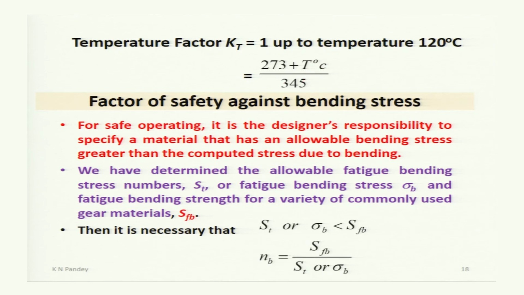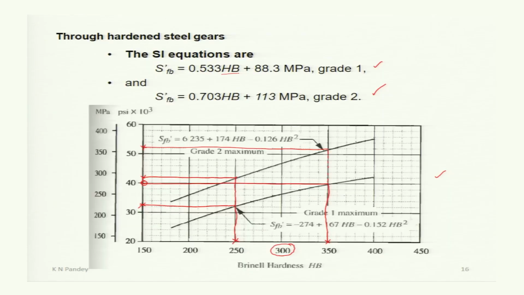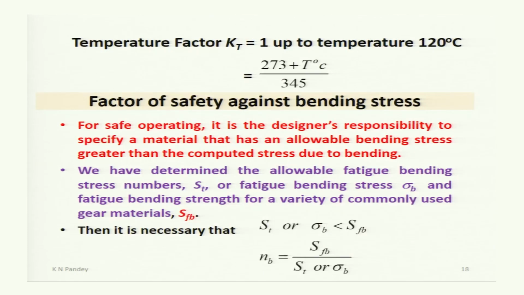So, we got the factors KL, KT and KR. KR is the reliability factor which can be determined from a table of reliability or an empirical formula, knowing the reliability for which you want to design the component.